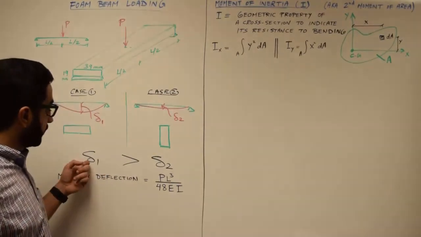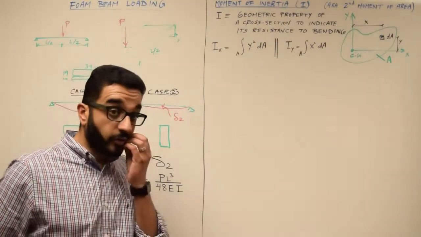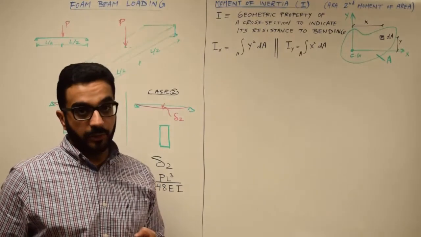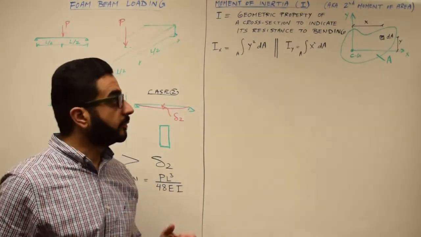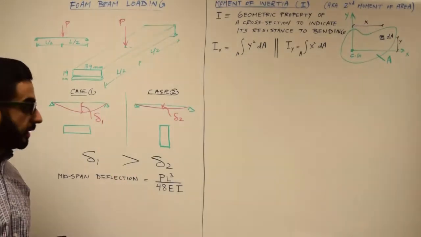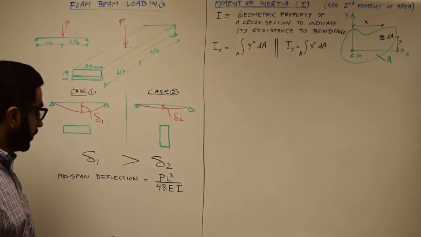We found that delta 1 is more than delta 2, and we asked the question, why is that? It all goes back to the moment of inertia, or the second moment of area. But before jumping into the moment of inertia, or I, let's see how I is related to the deformation in some way.